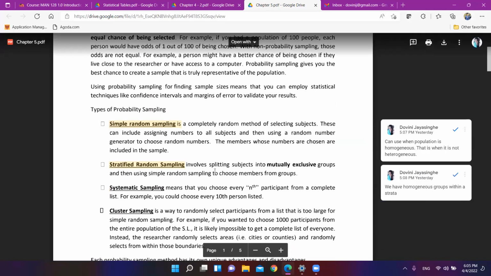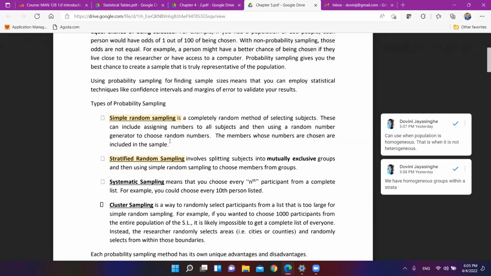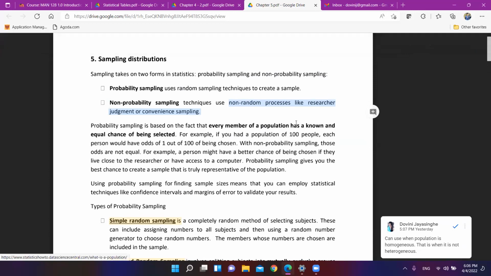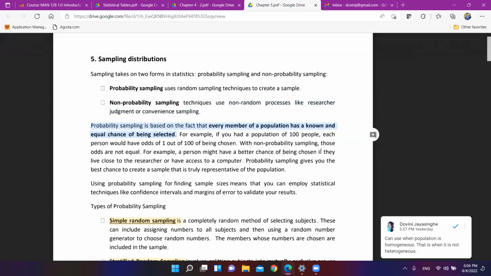Under probability sampling, we are going to discuss these things roughly, right, on top. We are going to cover them roughly, but you have to have some idea of the names. Probability sampling is based on the fact that every member of a population has a known and equal chance of being selected. Every element has a known and equal probability of entering the sample.